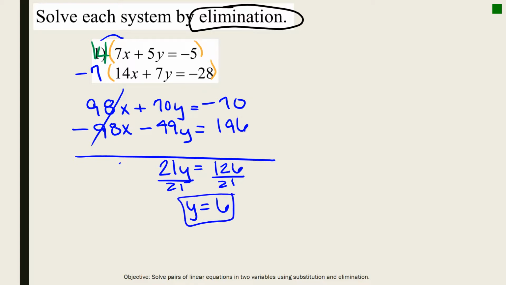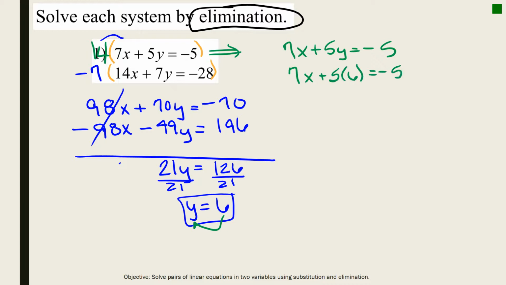So there's 6. Now I can put it in any one of these equations that I want to find the other one. I'm going to put it in the top one. So I'm going to rewrite 7x plus 5y equals negative 5, and I'm going to put 6 in for y. So 7x plus 5 times 6 equals negative 5. 7x plus 30 is negative 5.